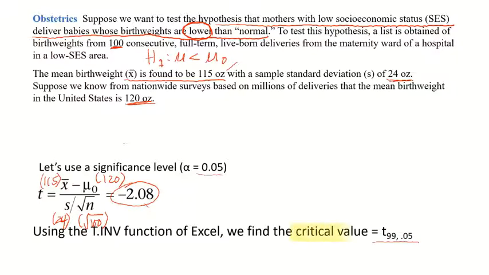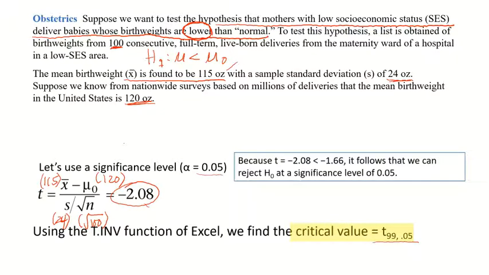In order to find the value, we use the t dot inverse formula. The value of t at 99 degrees of freedom and 0.05 percentile is actually negative 1.66.